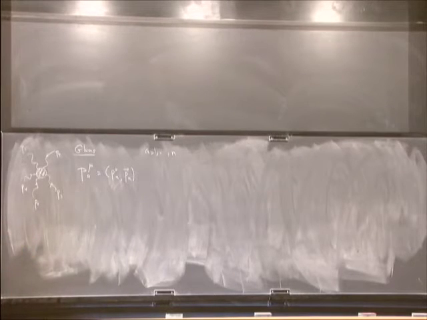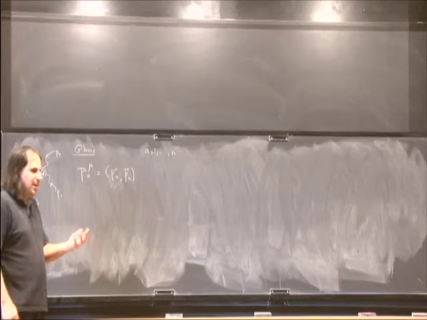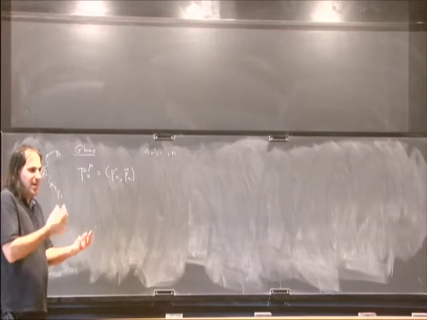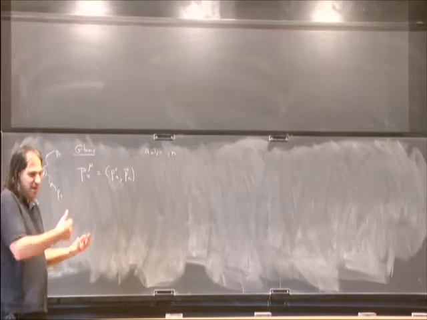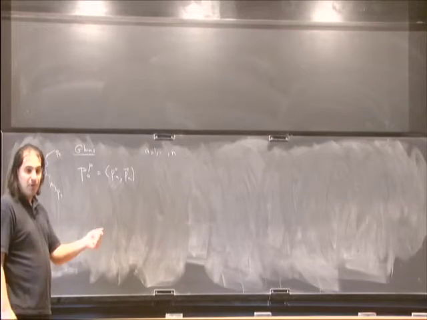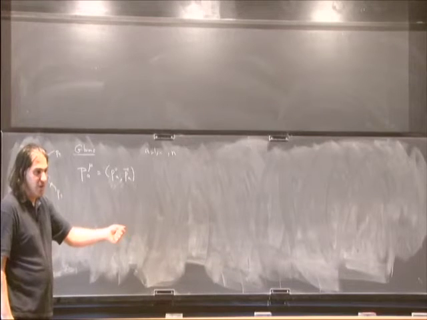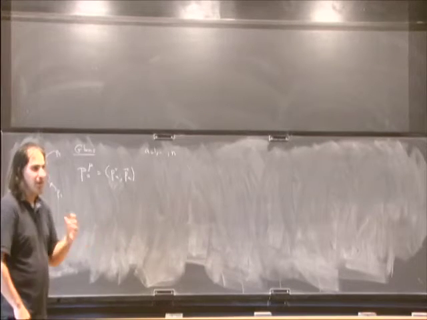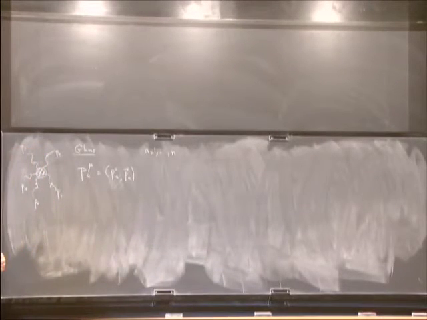I mean, one way you can conclude that a massive spin 1 particle should have 3 degrees of freedom is you just go to its rest frame, and in its rest frame you perform rotations. And if it was pointing on the z-axis, you could make it point in any of the other axes. So you had better have all those states available. But when the particle is massless, you can't boost to the frame where it's at rest. This argument fails, and in fact you only have 2 degrees of freedom.